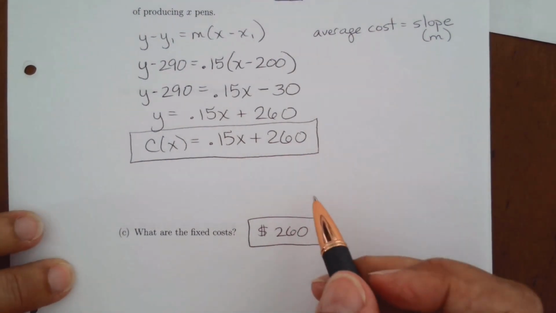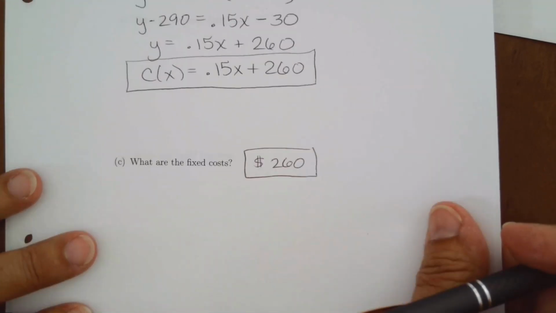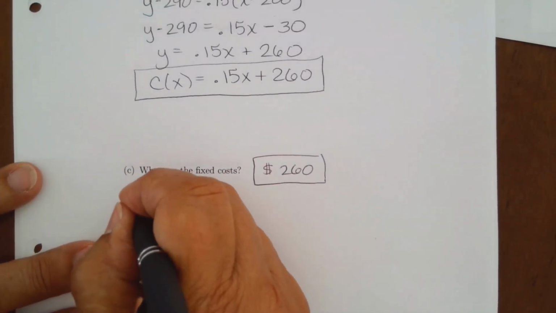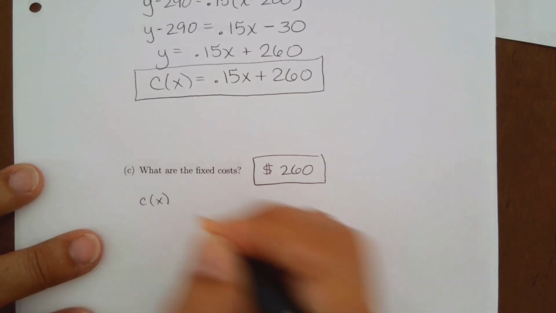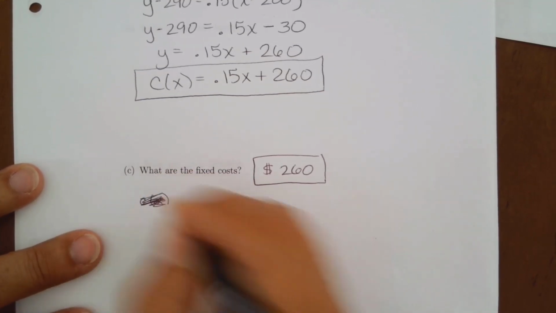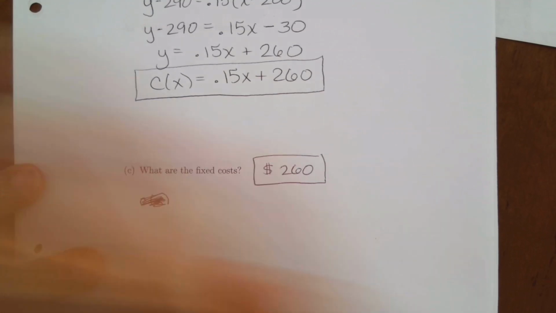Now, another way to think of the fixed cost, just to think about it. The fixed cost is how much it's going to cost this company when they sell nothing.